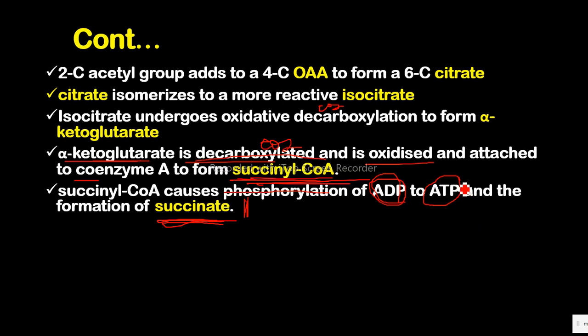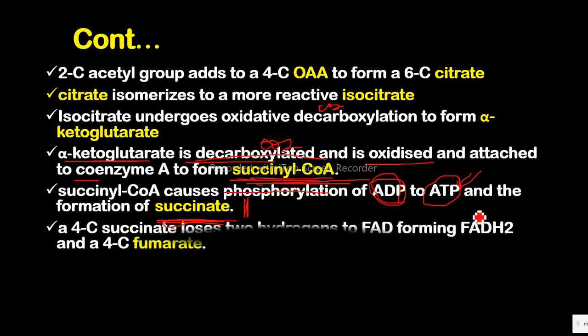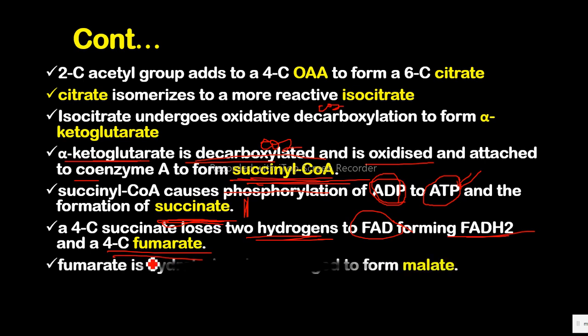The mode of formation of ATP here is called substrate level phosphorylation, because we are forming ATP from energy that is lost from a high energy compound. Now the 4 carbon succinate loses 2 hydrogens to FAD, flavin adenine dinucleotide, to form reduced FAD, and it turns into fumarate.